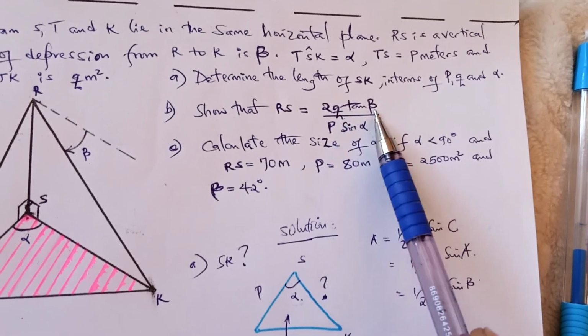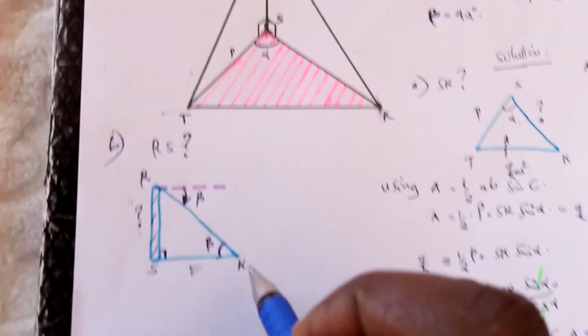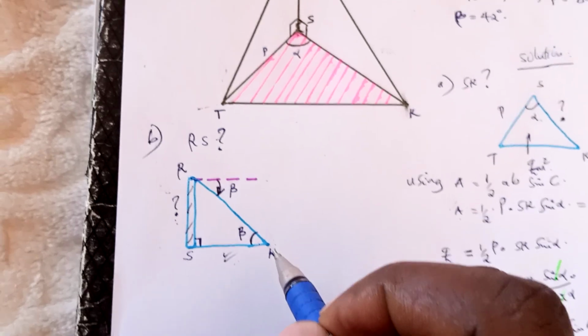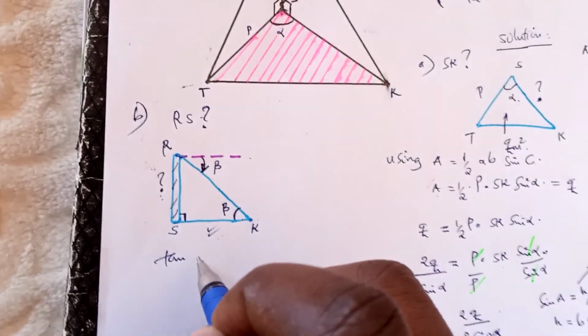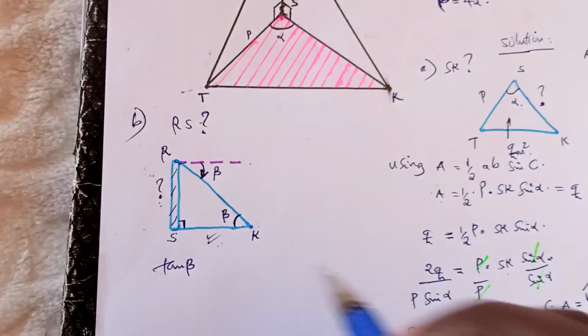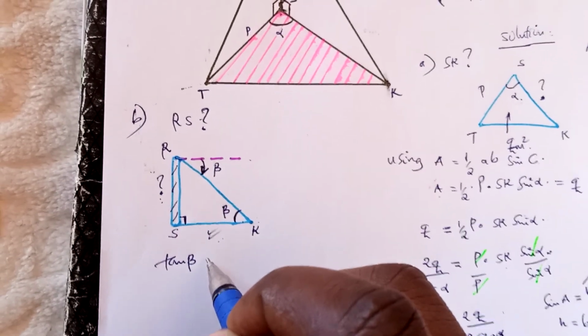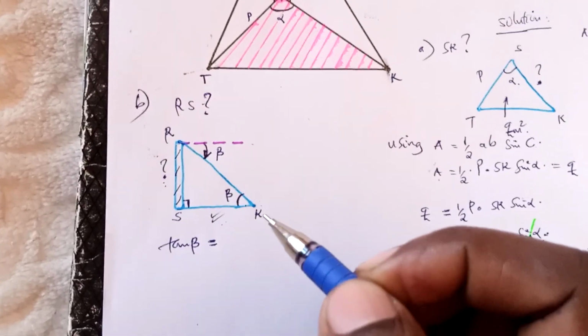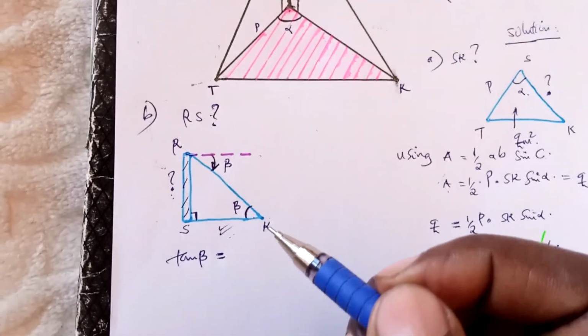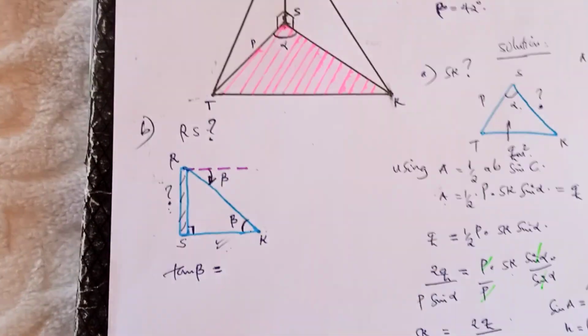So let's come here and say that now we are thinking like the examiners. Tan beta, tangent of the angle beta. I think we all know that beta is the second letter in the Greek alphabet, alpha being the first one and omega being the last.